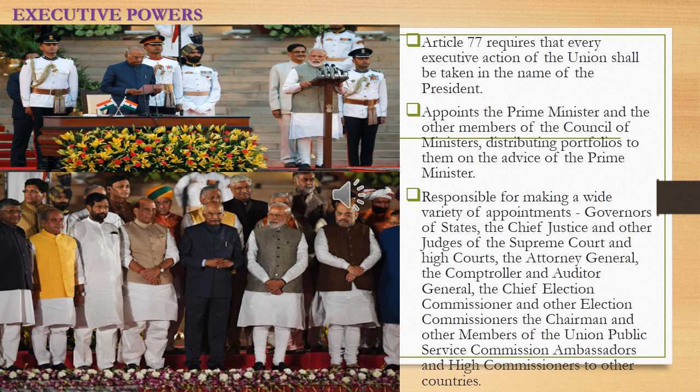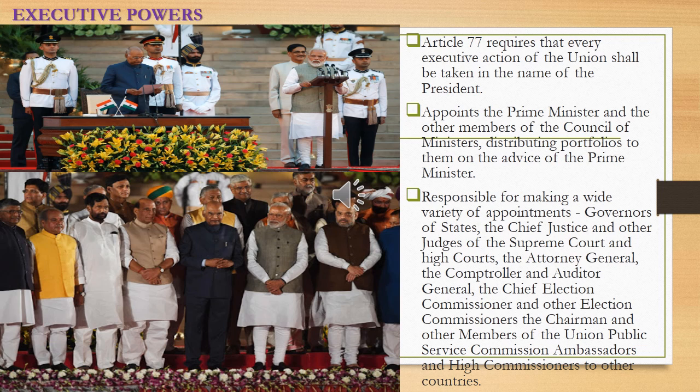How? Through the officers subordinate to him, as mentioned in Article 53. But Article 77 says that every executive action of the Union shall be taken in the name of the President only.